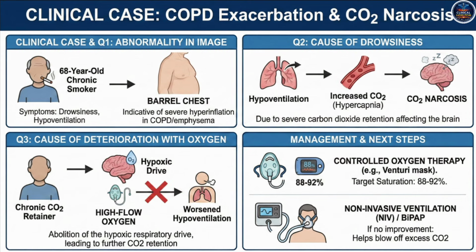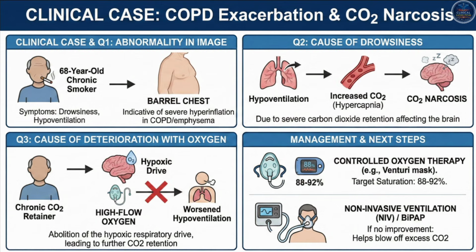Putting it all together, a chronic smoker with a barrel chest who gets drowsy and stops breathing when given too much oxygen. The diagnosis is COPD exacerbation with type 2 respiratory failure.